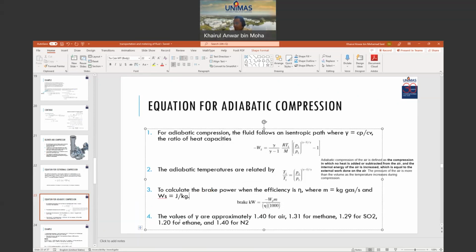For adiabatic compression, the gamma value is approximately 1.4 for air and 1.31 for methane, and so on, and is normally given.